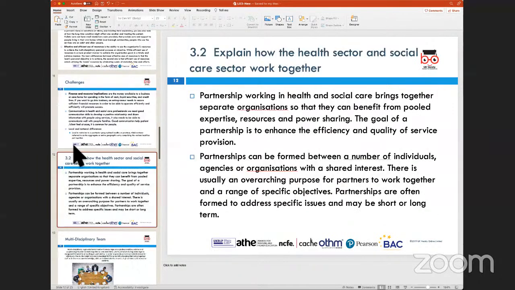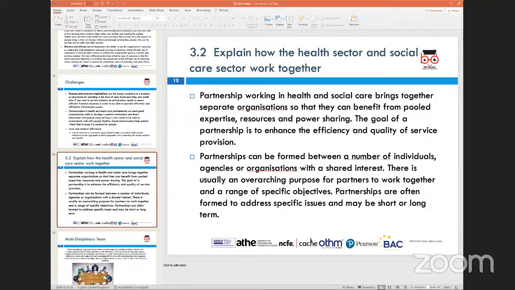Now, we look at the second assessment criteria, which talks about how the healthcare sector and the social sector, people within the social services, work together. When we talk about social services, it means social workers working with the council, childminders, and foster carers, people who take care of children in particular, who are working together with the National Health Service to be able to offer these services to members of the public.